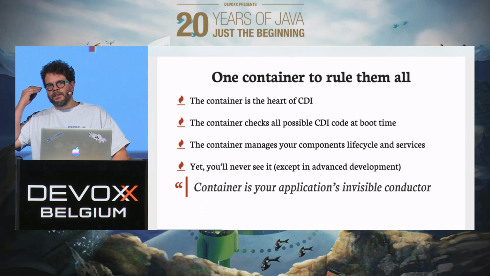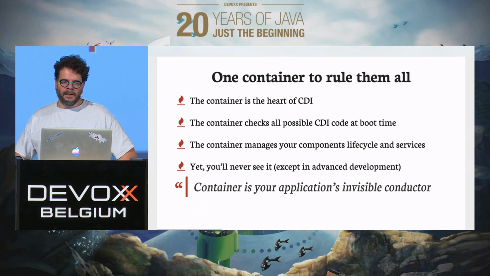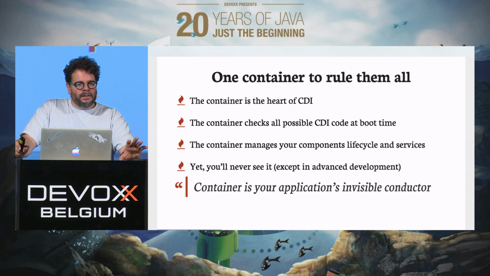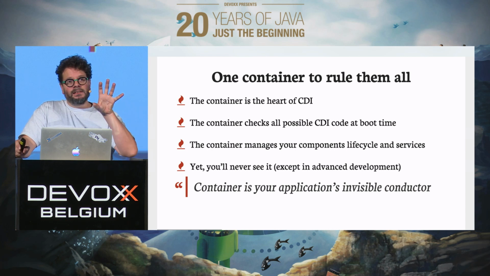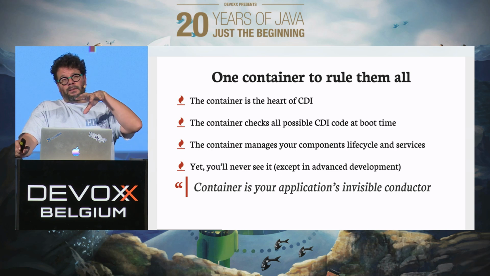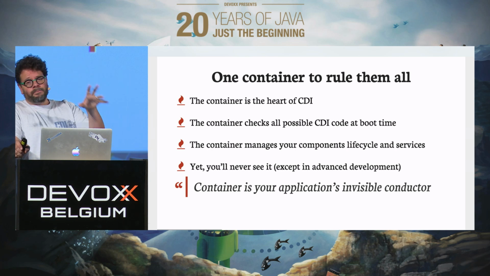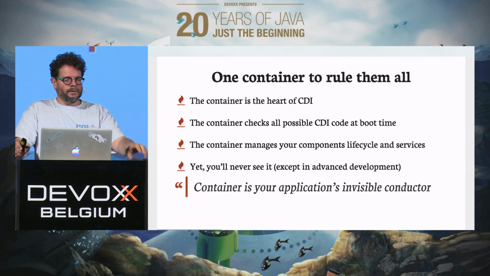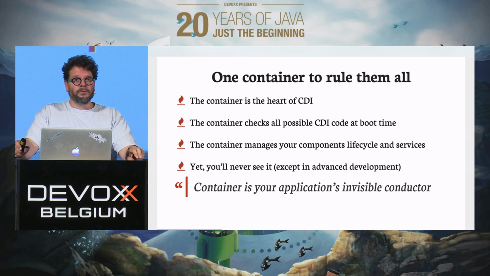The first thing you have to keep in mind when using CDI is the fact that everything is done by the CDI container. So it's the heart of CDI. The container has a lot of things to do during the deployment of the application. The CDI container checks a lot of stuff at boot time.